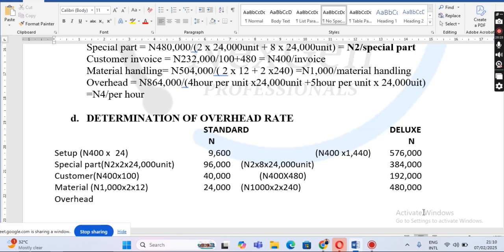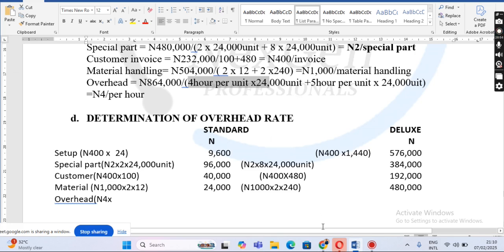Overhead, right? So, and it costs 4 naira per hour, right? Times, so how many numbers of hours will they take to produce 24,000 units? Now, class, if 4 hours per unit, you use 4 hours to produce 1 unit. So when you want to produce 24,000 units, how many hours will you use?